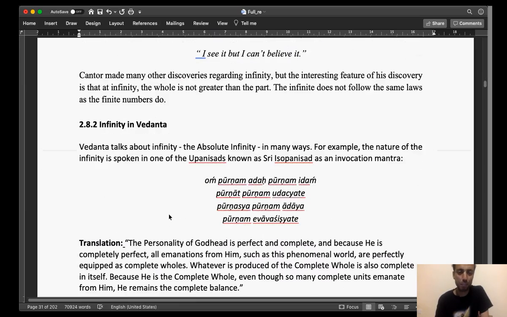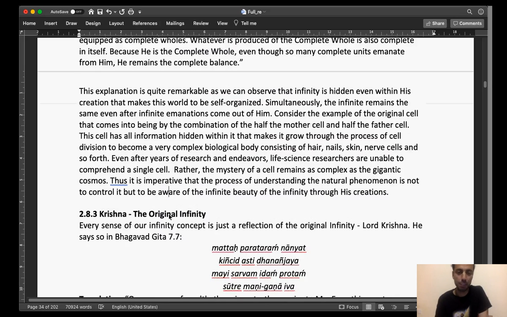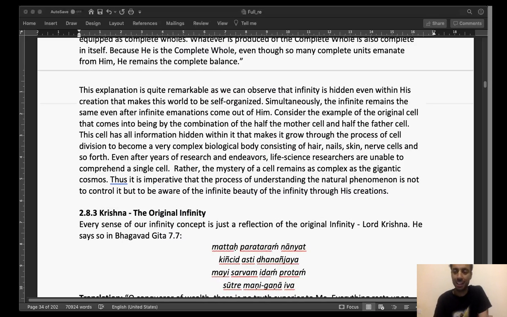But every paragraph Sir has written is very deep. I have been reading this for many years, and whenever I read, I find something new. Today I found this point which is very nice, which I didn't appreciate that much earlier: that it is imperative that the process of understanding the natural phenomenon is not to control it, but to be aware of the infinite beauty of the infinity through His creation.